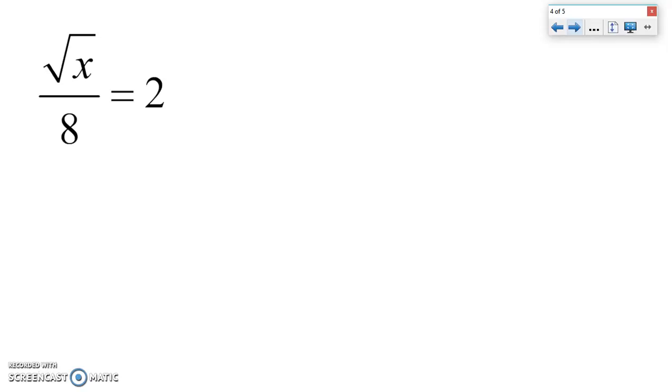So I'm going to say that I need to multiply both sides here by 8. That's going to cancel out 8 in the denominator here. So I'm going to have that the square root of x is equal to 16.